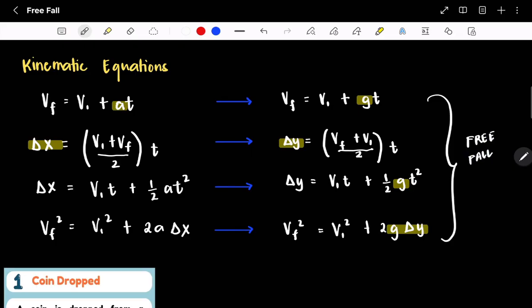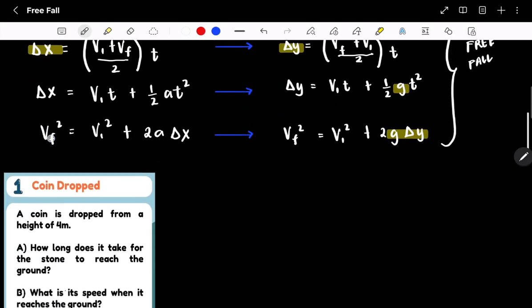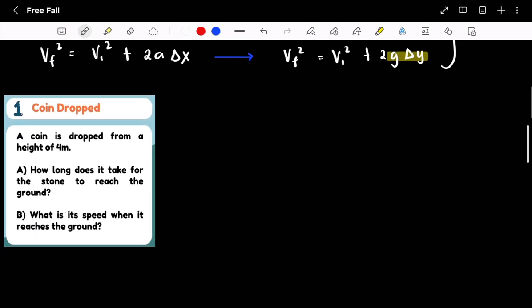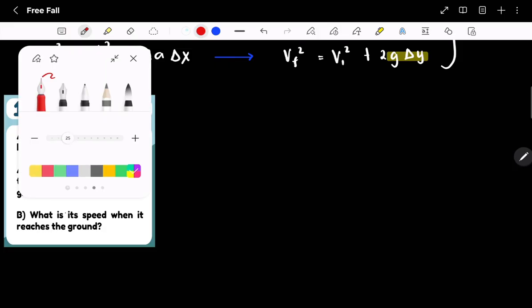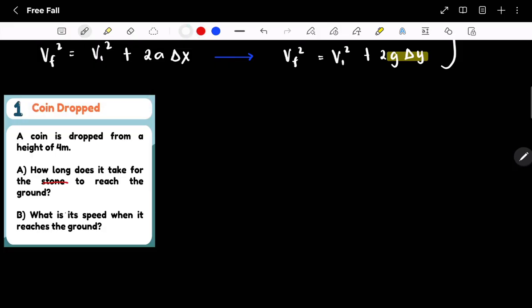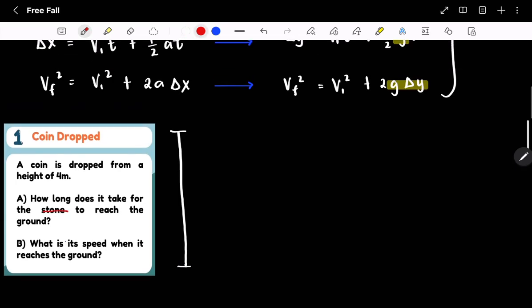motions. Okay, so let's try to have a sample problem. Let's say a coin is dropped from a height of 4 meters. How long does it take for the stone or the coin to reach the ground, and what is its speed when it reaches the ground? It is best if we imagine the situation first. Let's say from a certain height, we will be dropping a coin.